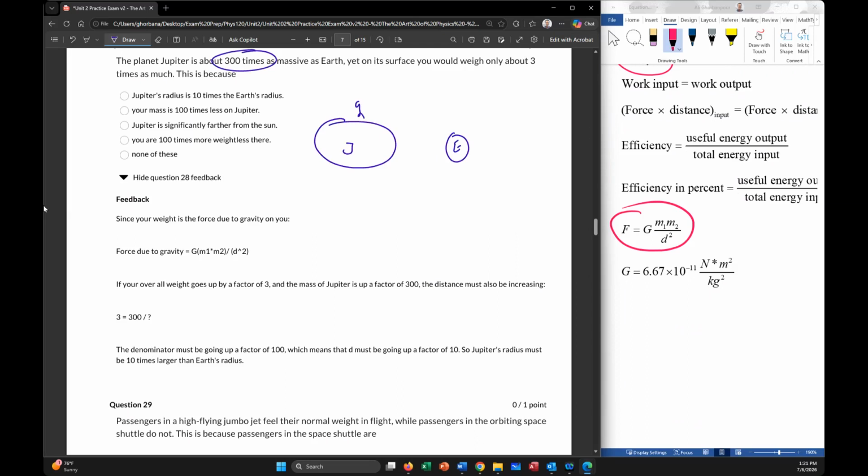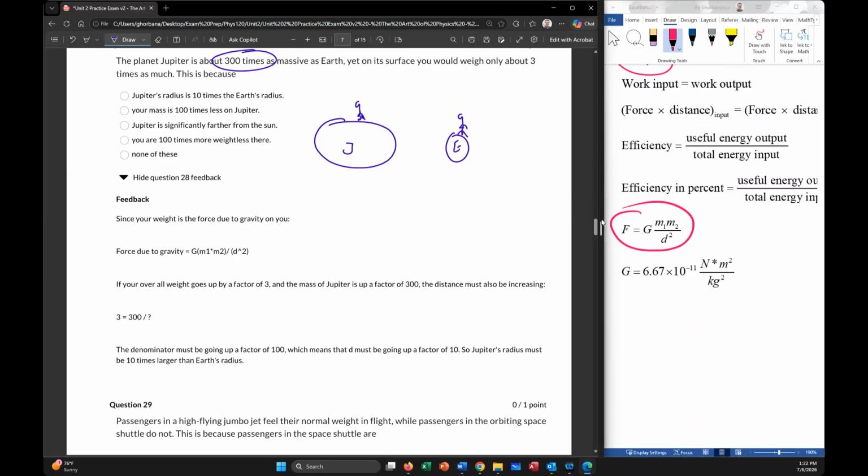When you are on the Jupiter, when you are on the Earth, and it's telling that your weight is 3 times as much. What is your force of gravity? I'm using this, okay? This is going to be a force of gravity, good?